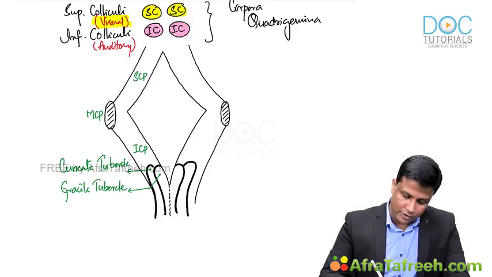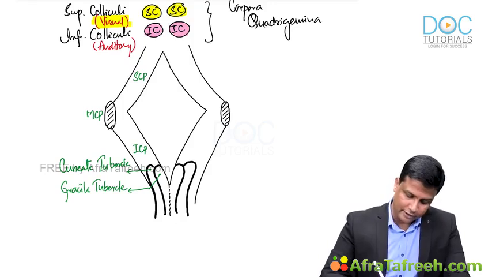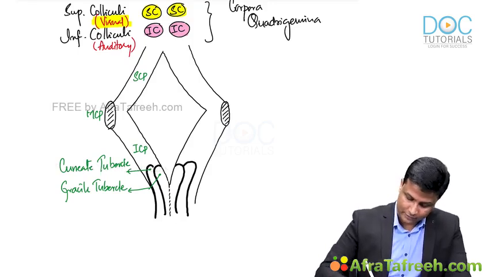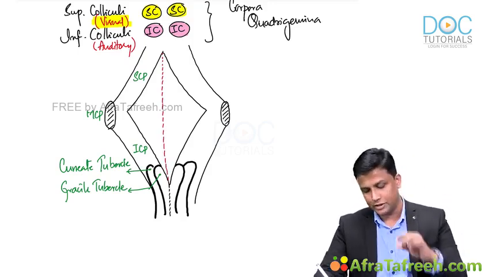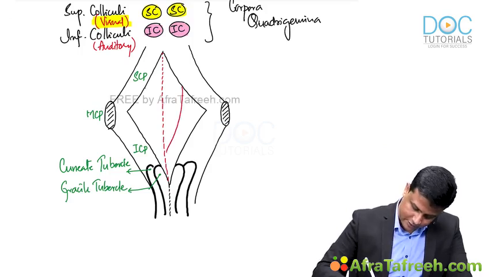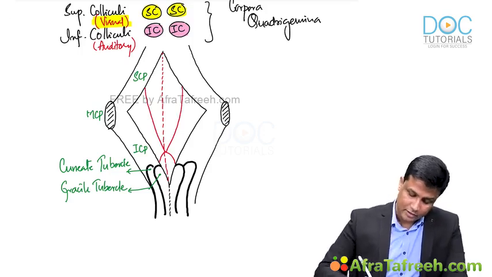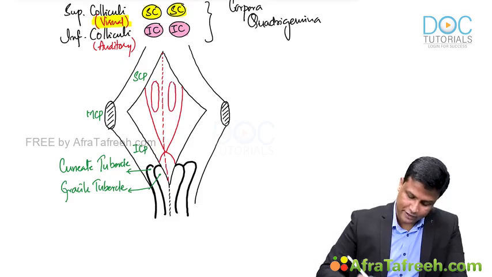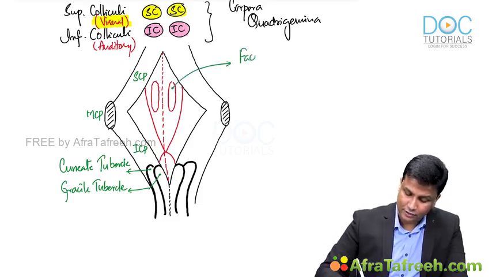Now once you are done with the boundaries of the fourth ventricle, let us appreciate the details in the floor of the fourth ventricle here. In the middle you will be able to appreciate there is a sulcus, and on the lateral side also there is a sulcus limitans here. Let's write down their names here, guys. There will be a colliculus first of all here. This colliculus is known as the facial colliculus.